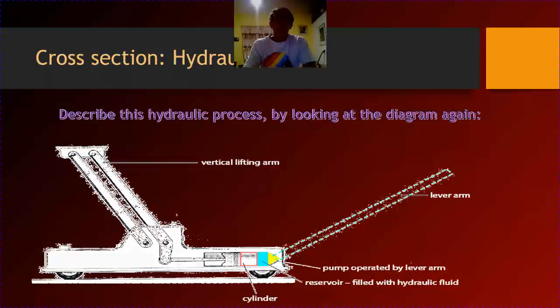Please notice that the hydraulic jack also has an input and an output. The input is operated by a lever arm, which pumps up and down, which draws in the fluid and pushes it through a small cylinder to a greater cylinder. And that will result in an advantage in the vertical lifting arm.